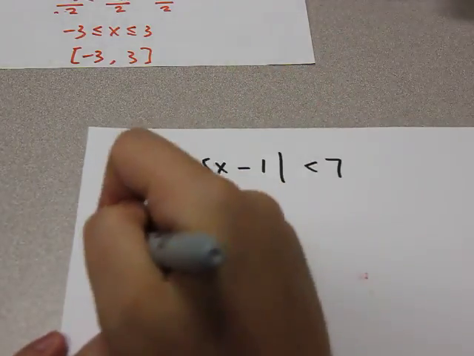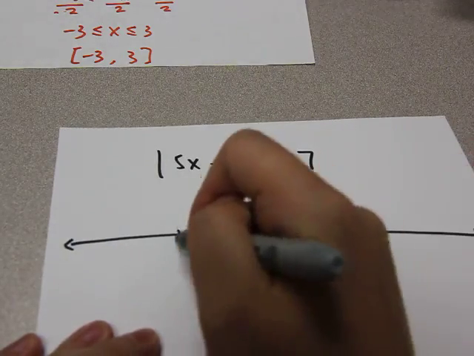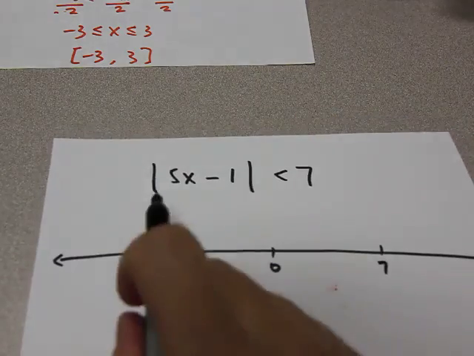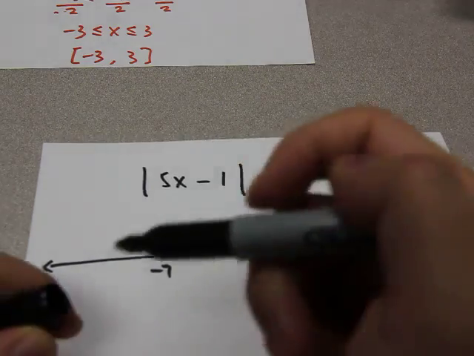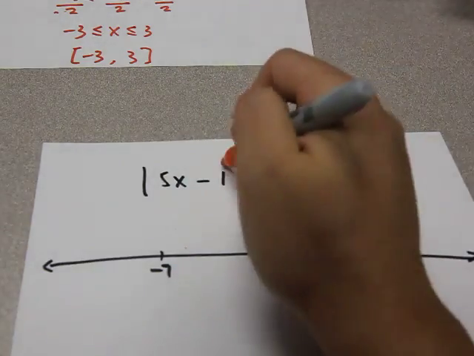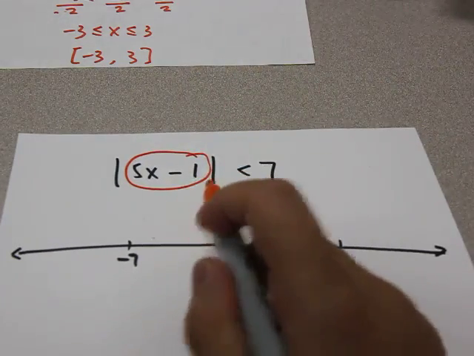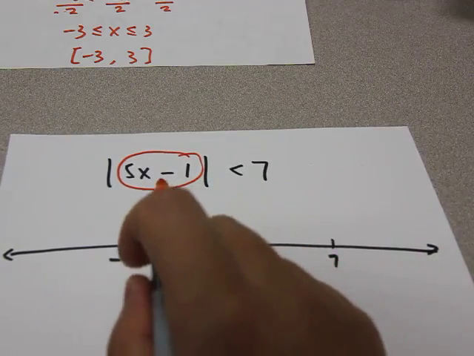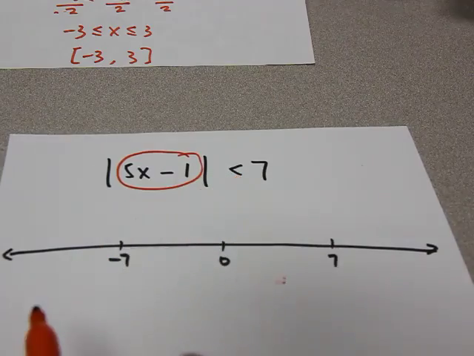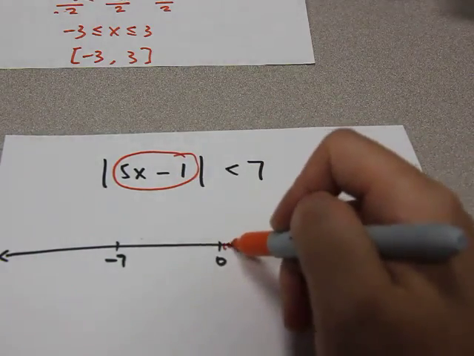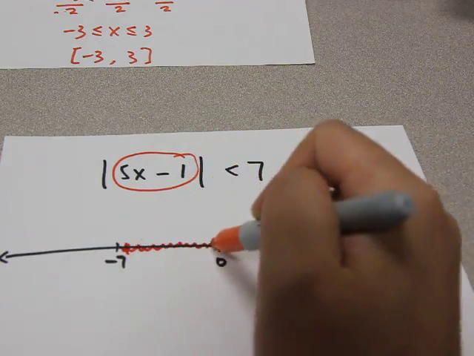Okay, what about this one? Now the absolute value of 5x minus 1 is less than 7. We want the distance from this whole number to 0 to be less than 7. So this number has to be somewhere over here, and somewhere over here, right?